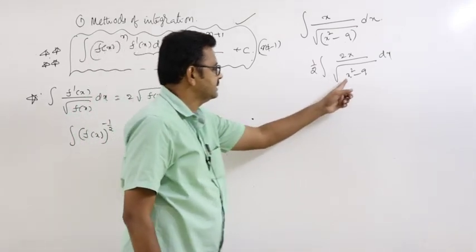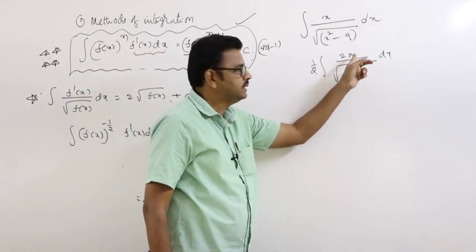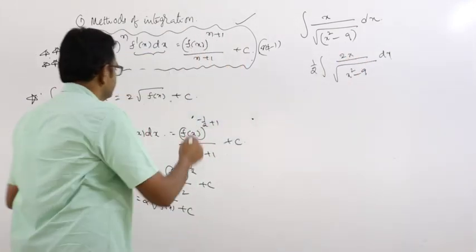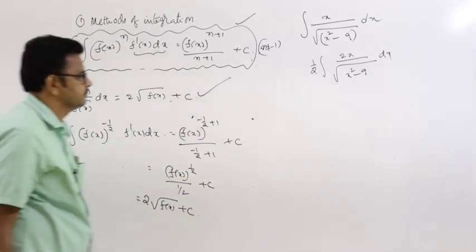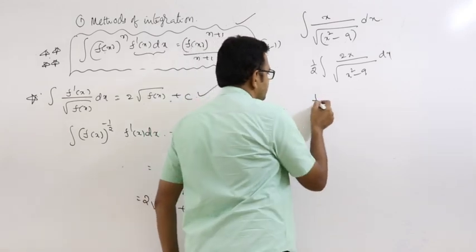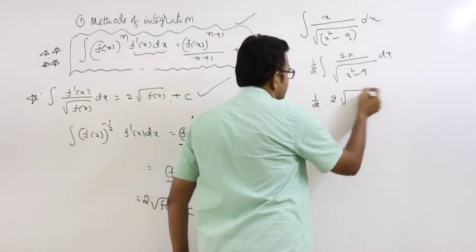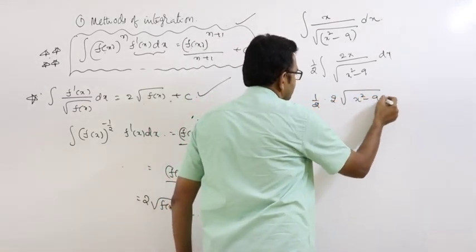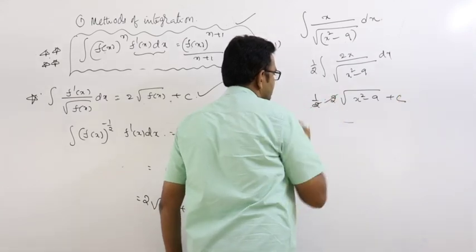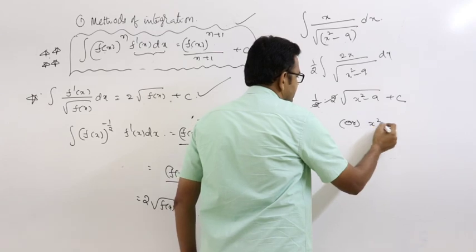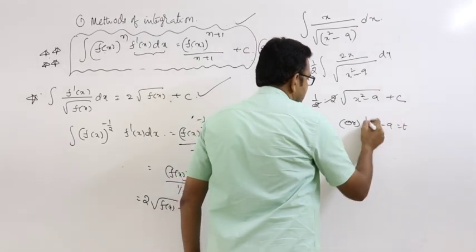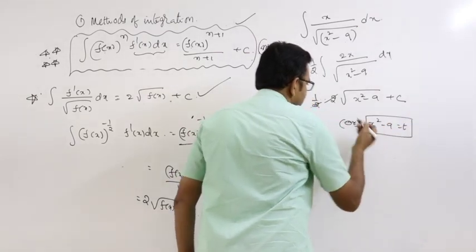Now, the derivative of x square minus 9 is 2x. This is f dash x by root f of x. So, 1 by 2 into 2 root f of x, that is 2 root x square minus 9 plus c. Or you can put x square minus 9 equal to t. This is a substitution method.